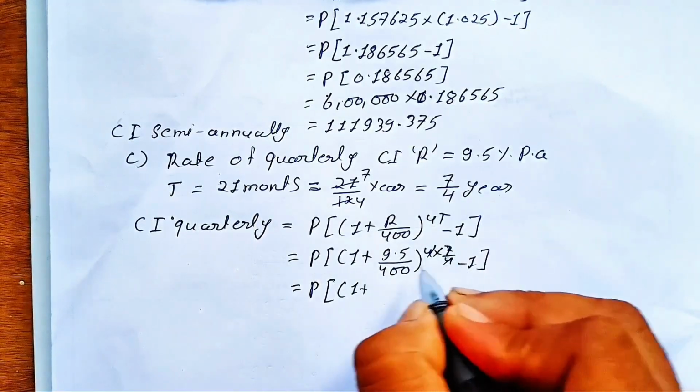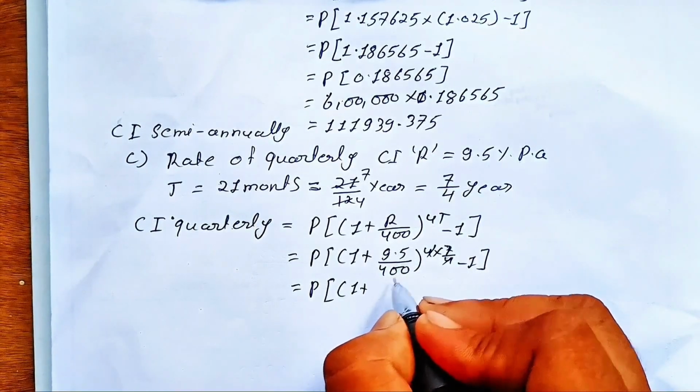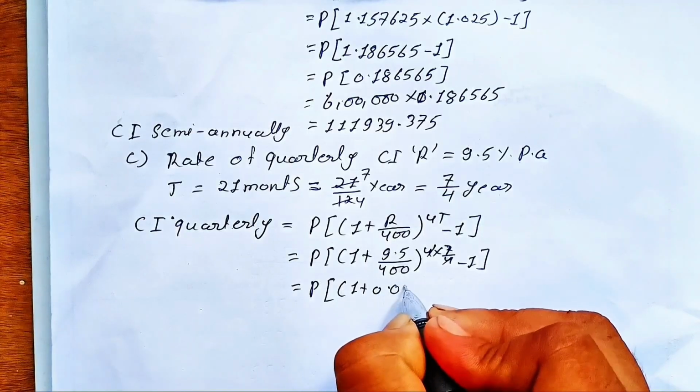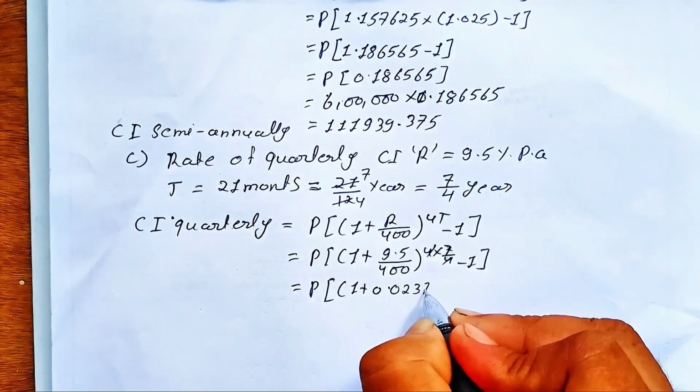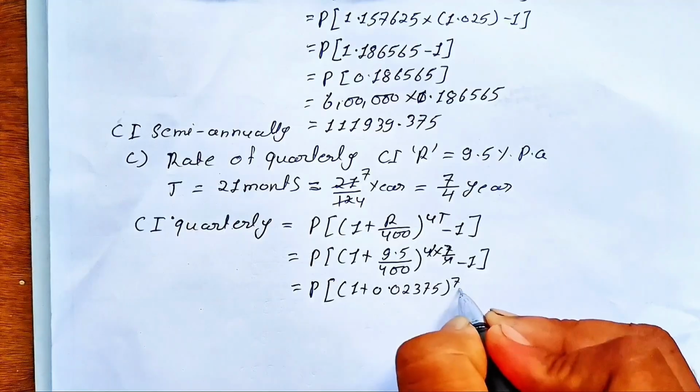The 4 cancels, 9.5 divided by 400 and that is 0.02375 power 7 minus 1.